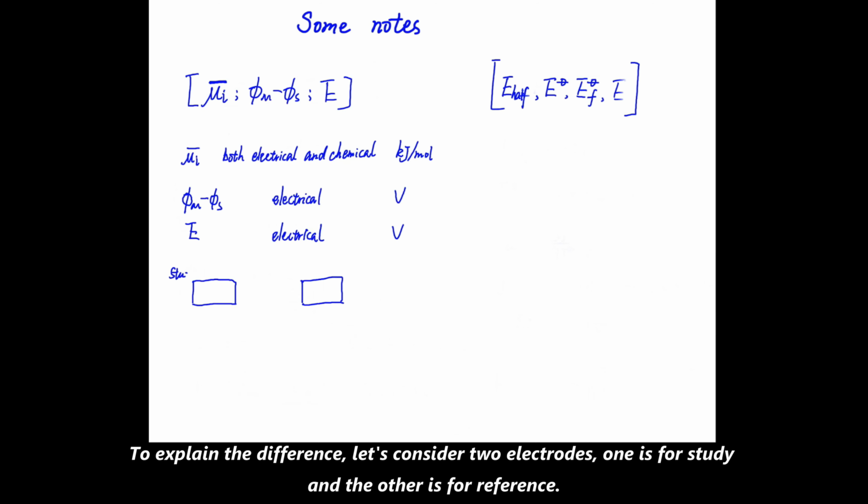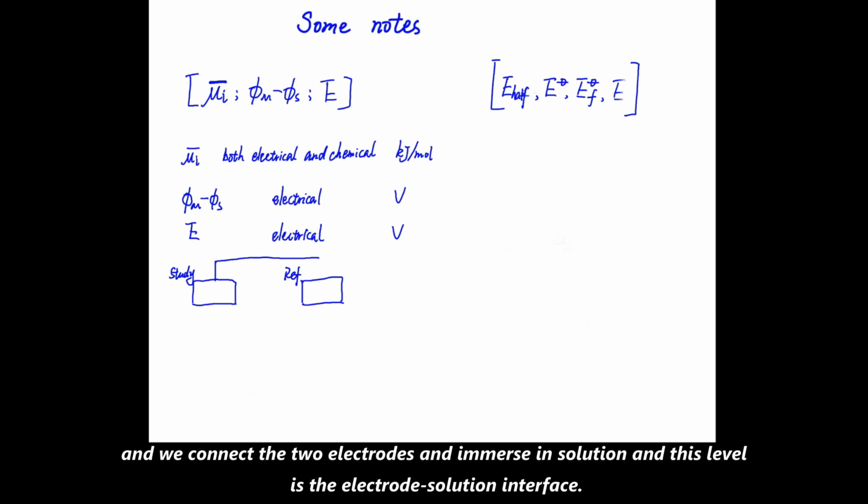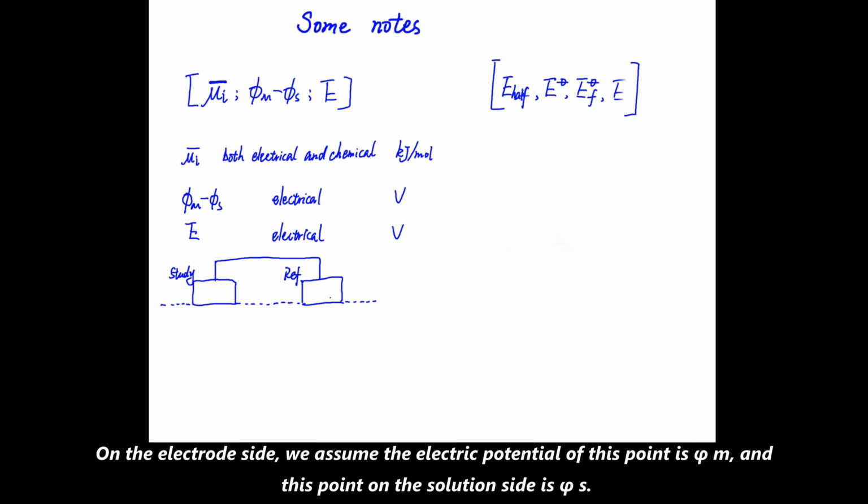One is for study, another is for reference, and we connect the two electrodes and immerse them in solution, and this level is the electrode-solution interface. On the electrode side, we assume the electrical potential of this point is φm, and this point on the solution side is φs.